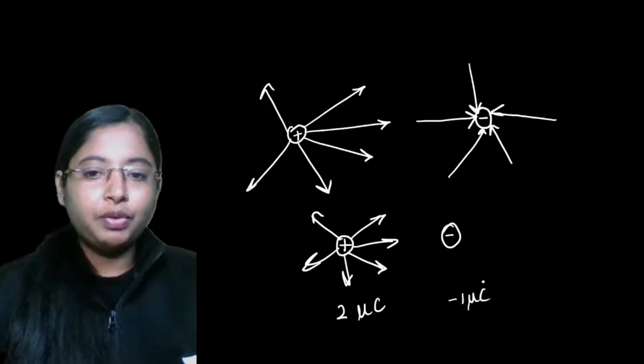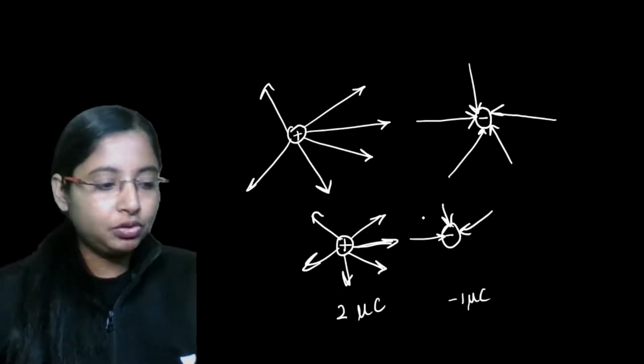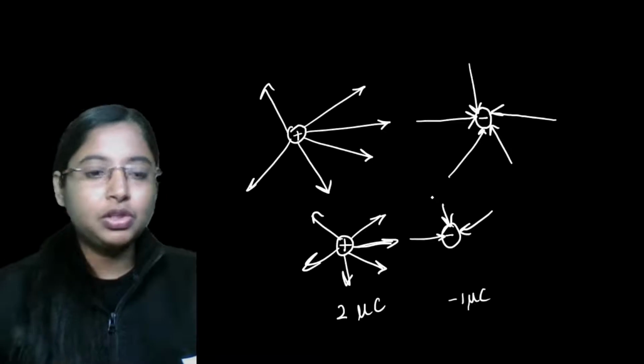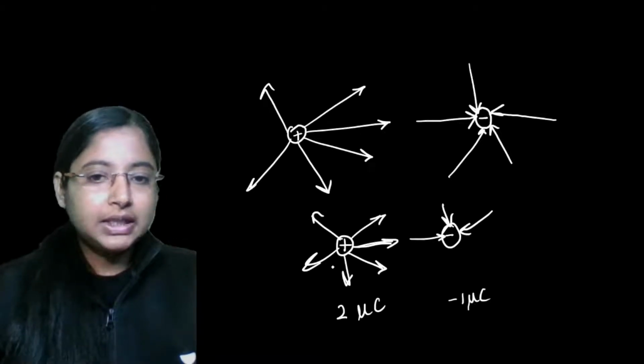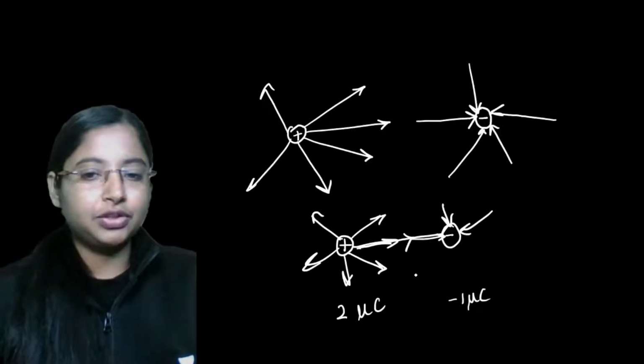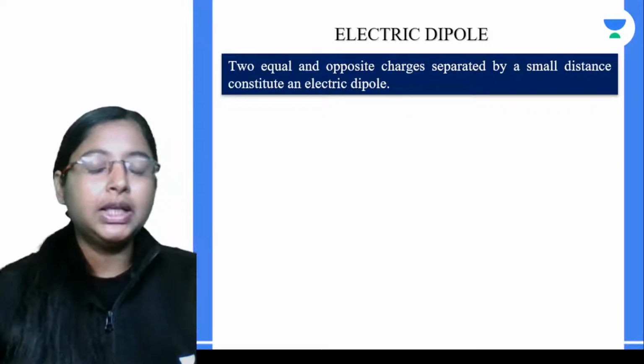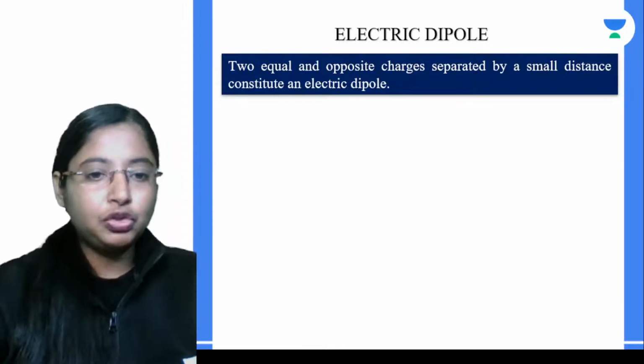Then for -1 microcoulombs, this will have around 50 field lines. So when you keep these two separated at a small distance, about 50 field lines from the positive charge would start and terminate at the negative charge.